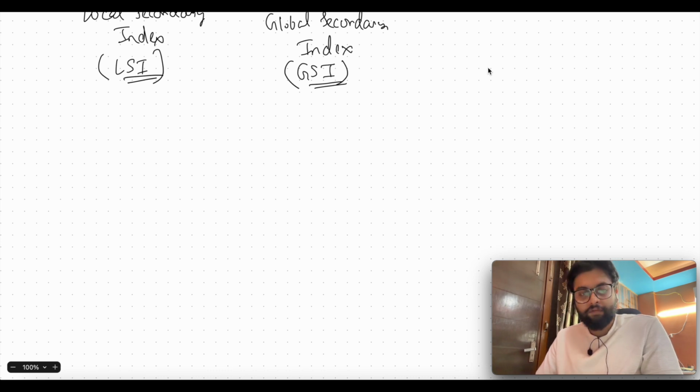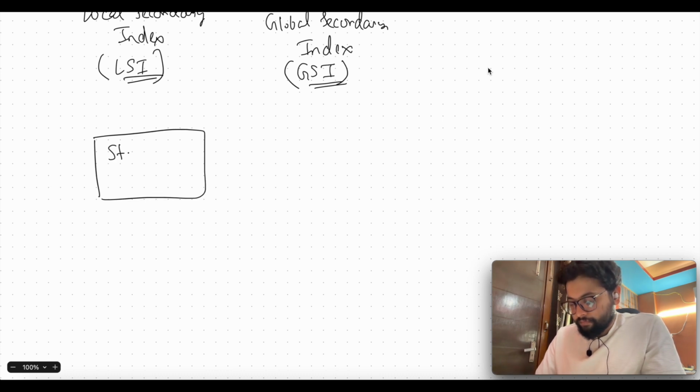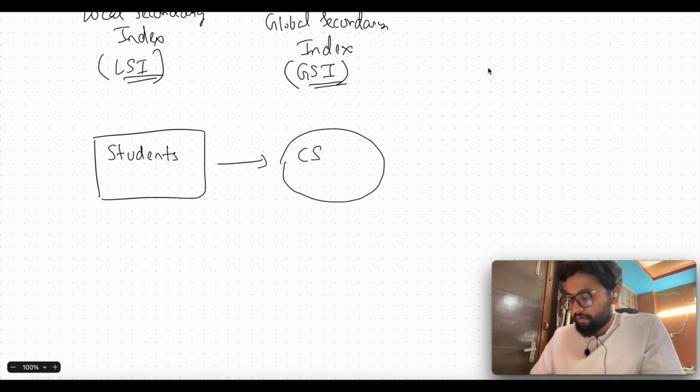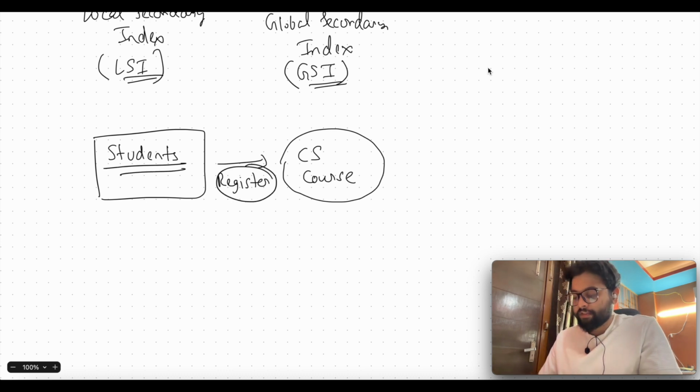The case we were describing was that a lot of students were trying to register themselves for a CS course. The catch is that all the registrations were stored in the shards of the databases.